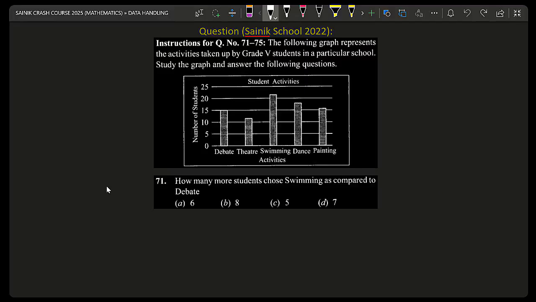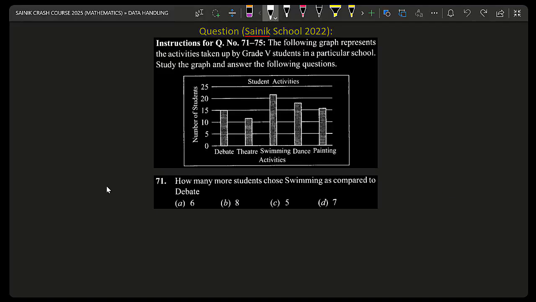Debate means there is a topic given and two groups are divided. One group will argue in support of the statement, and one group will argue to oppose the statement. That is debate. Okay, swimming. How many students are involved in swimming? Sir, 22.